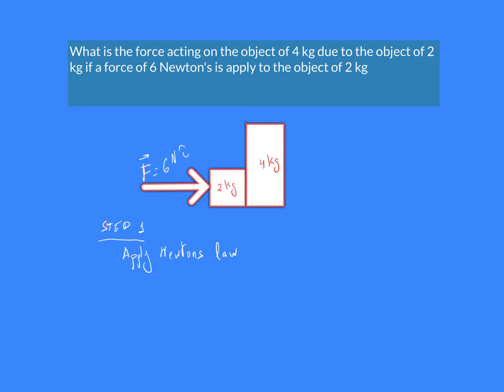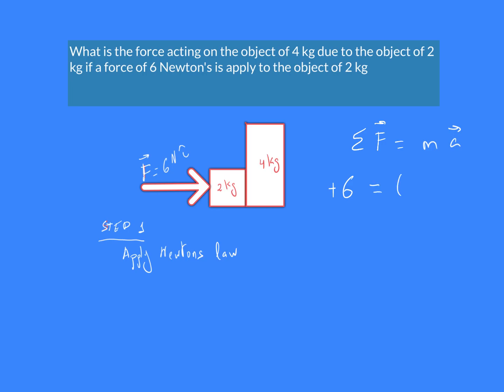So I will apply Newton's law. Newton's law says that the sum of all the forces equals the mass times the acceleration in vector form. What is the sum of all the forces? The sum of all the forces is 6 in the x direction. So I will take plus 6. So 6 equals m, the mass. What is the mass?